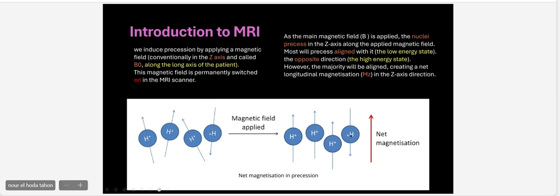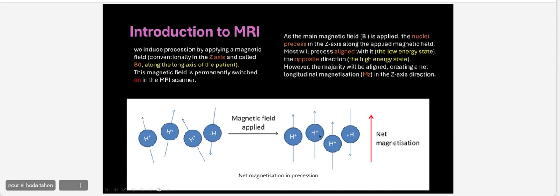There is only one proton here that is not parallel and is going against the magnetic field, maybe, but most of them are aligned with the magnetic field, and this is the net magnetization. The higher the magnetic field, the more the protons align in the same direction as the magnetic field.